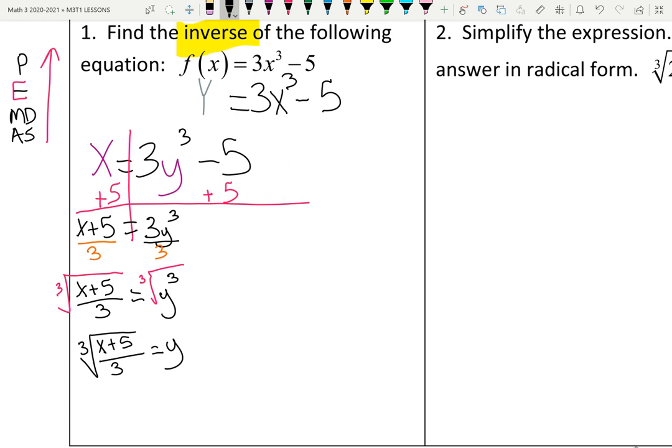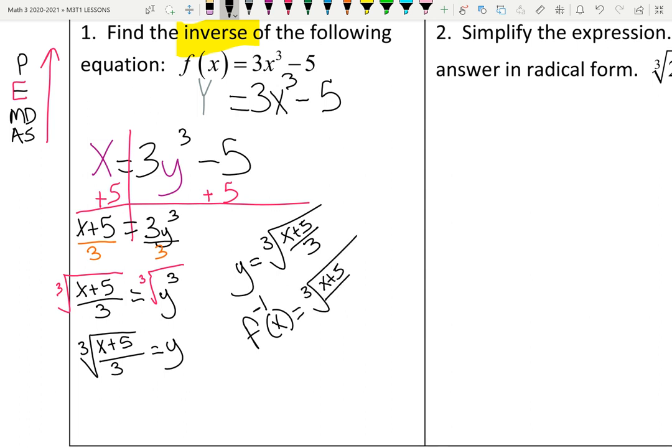When I write my inverse, I flip it so that y is equal to the cube root of x plus 5 over 3. In function notation, the inverse is f to the negative 1 equals the cube root of x plus 5 over 3. This is the inverse.